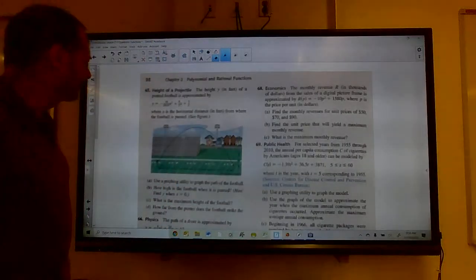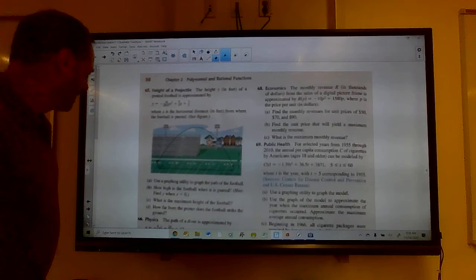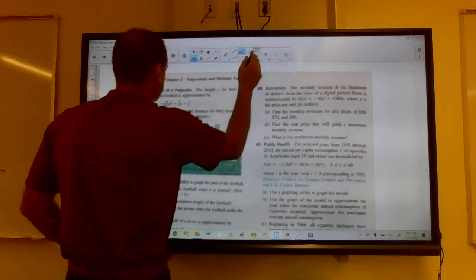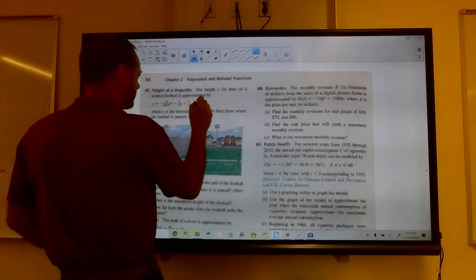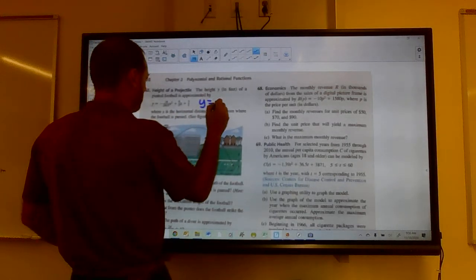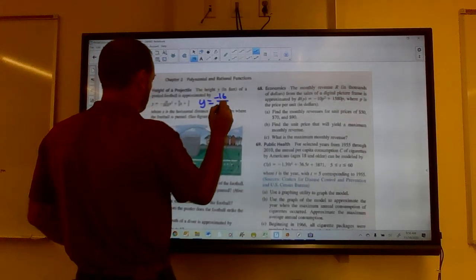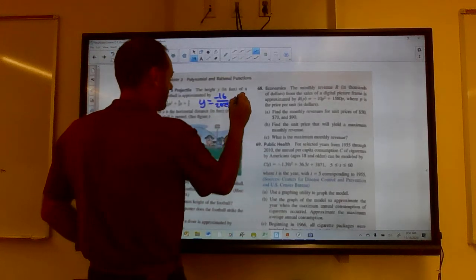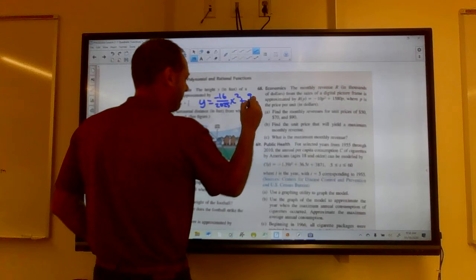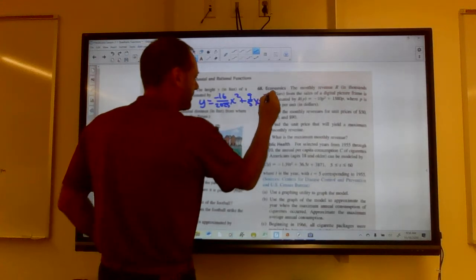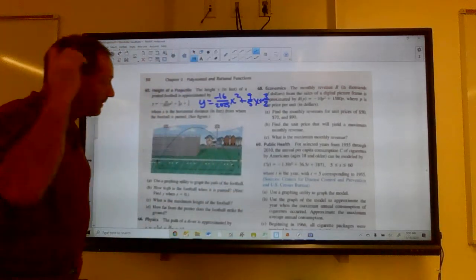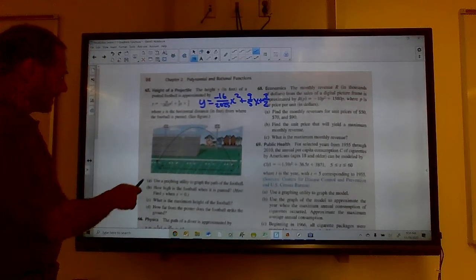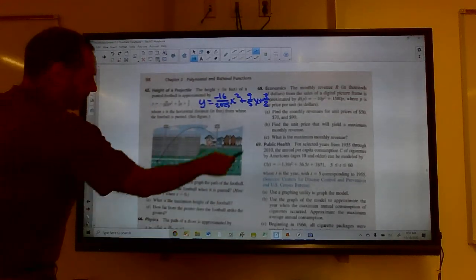But that's the best resolution I could do. This equation right here is the one that's the most difficult to read, and I'll go ahead and write that. It's y equals negative 16 over 2025 x squared plus 9/5 x plus 3/2. And then that goes with all this problem right here.